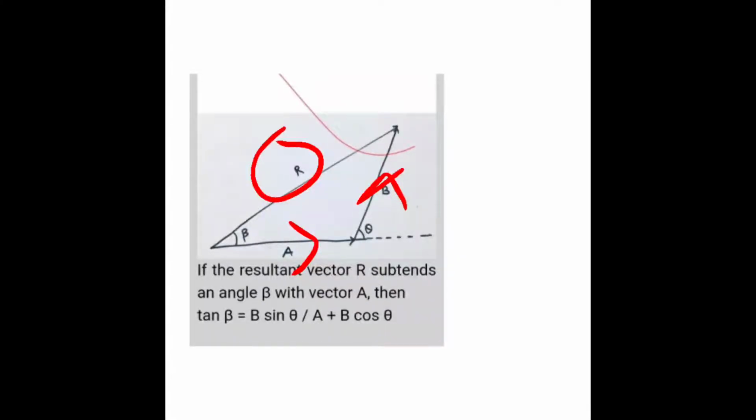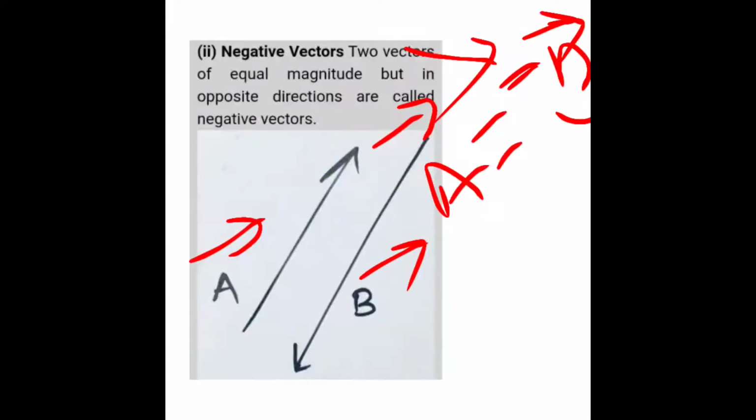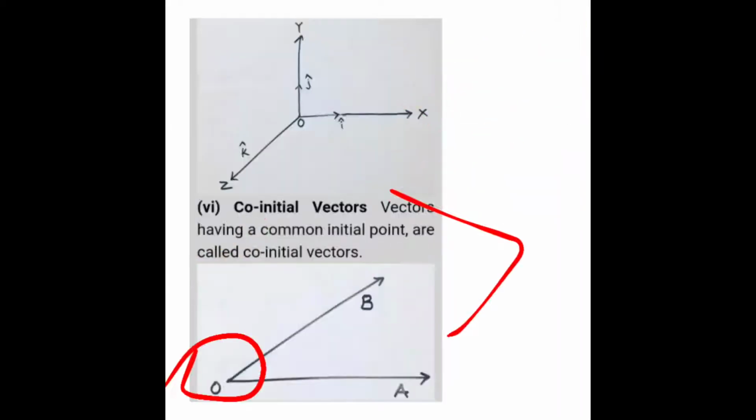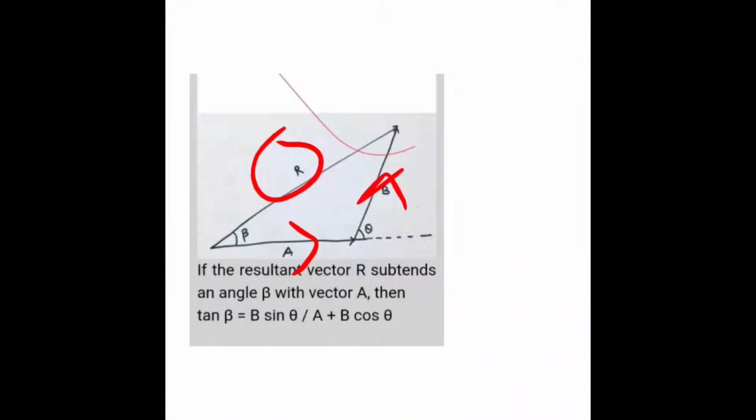Now the resultant vector will be vector A plus vector B. This is the triangle law of vector addition. But in case the direction of B is opposite, then we will consider it as a negative vector.